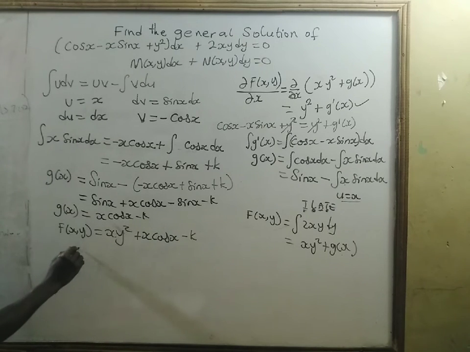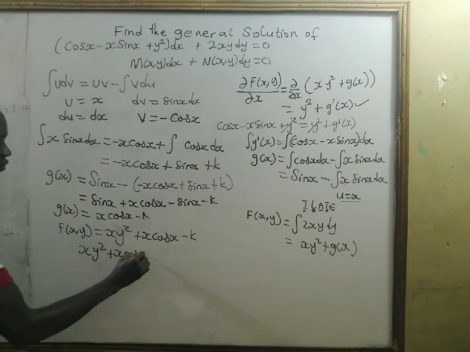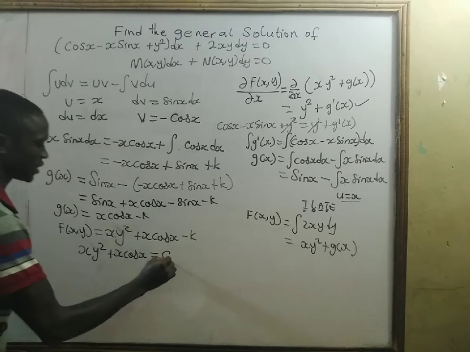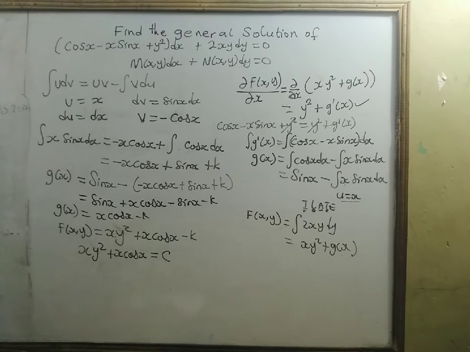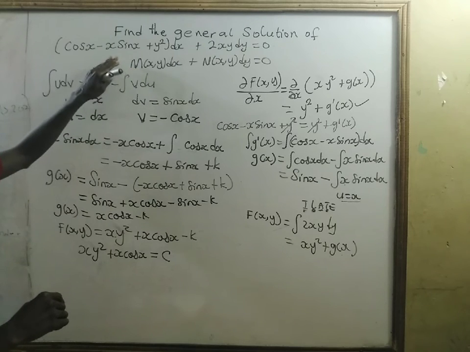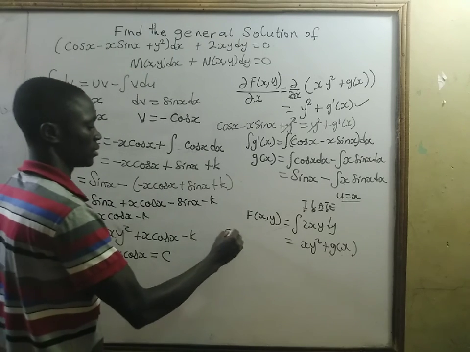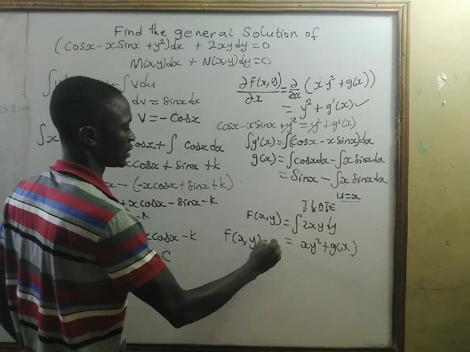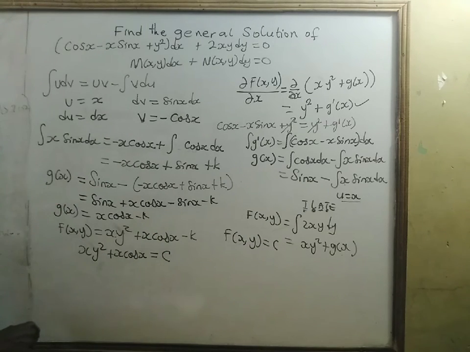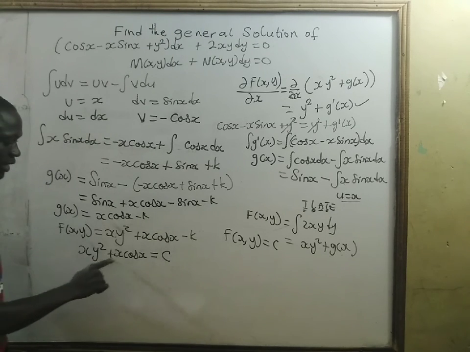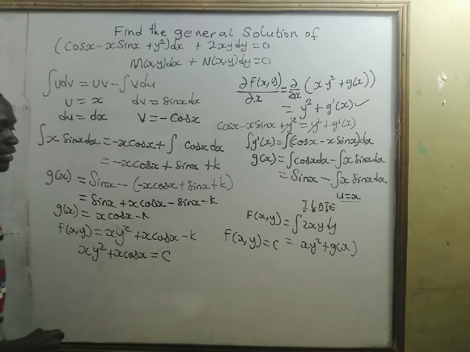Or we can write it as xy squared plus x cosine of x equal to c. That is very simple, because we said that once we prove that the equation is exact, then f of x, y is equal to c. That's a constant. So you have xy squared plus x cosine of x equal to c.